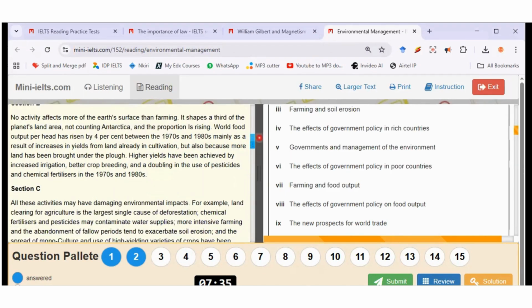Okay? Somebody is saying here that I am with you, but I don't understand. That is a vague response. You need to be specific about what you don't understand. Which part do you not understand?